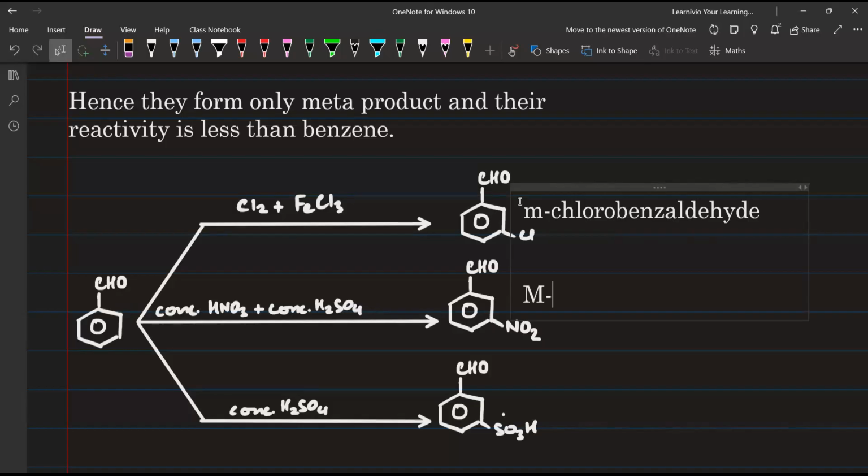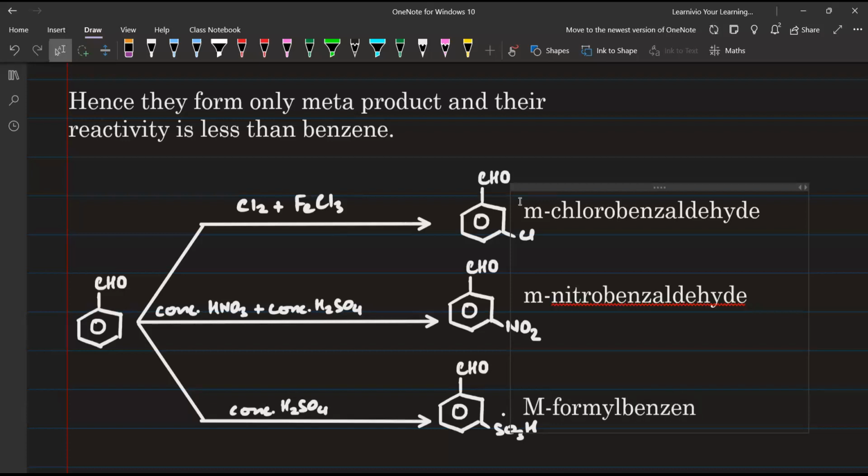This will be m-nitrobenzaldehyde. Now, this is m-formylbenzene sulfonic acid.